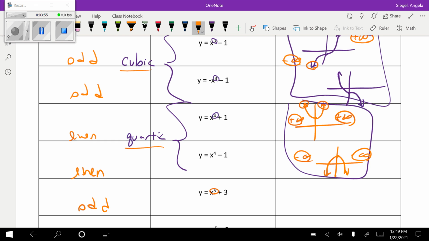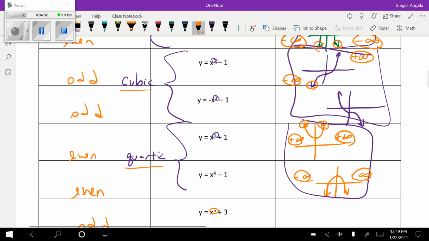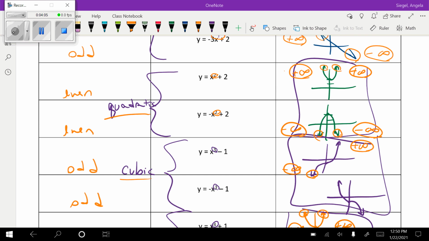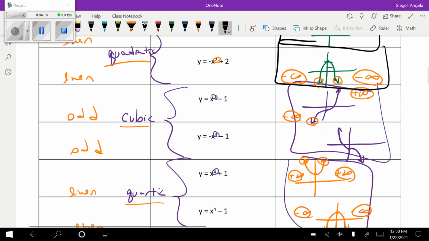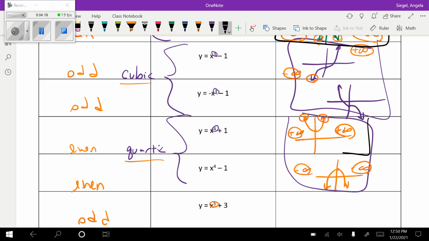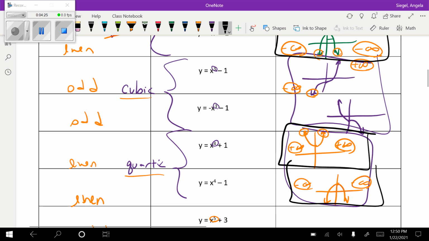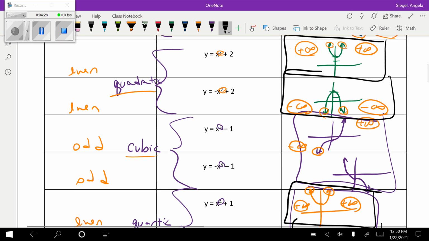So we're going to make a connection between the type of function, the type of graph, and its end behavior. Let's start with all the even functions. We have an even function right here, an even function right here. Let's go down and find another one. We have an even function right here, and right here. How did those compare to the other ones as far as end behaviors?